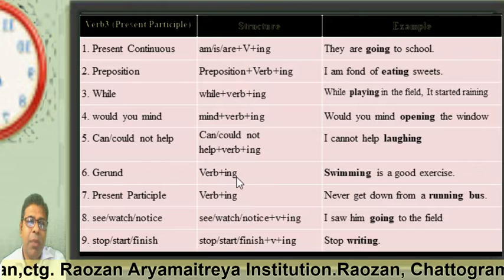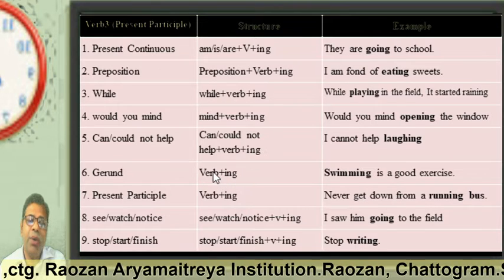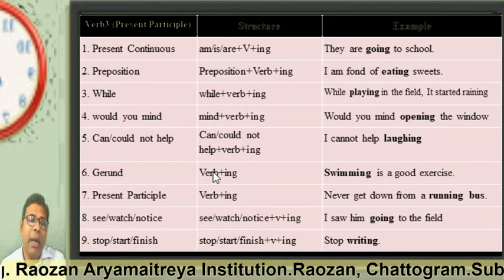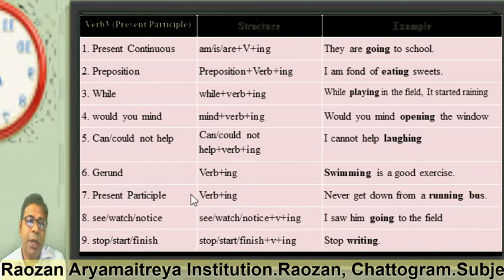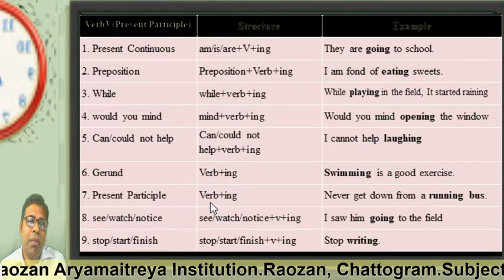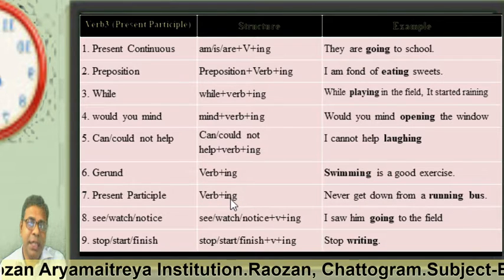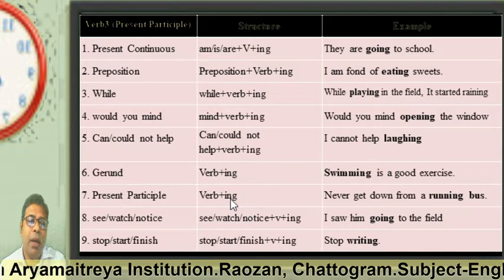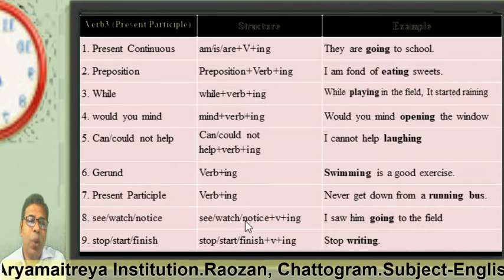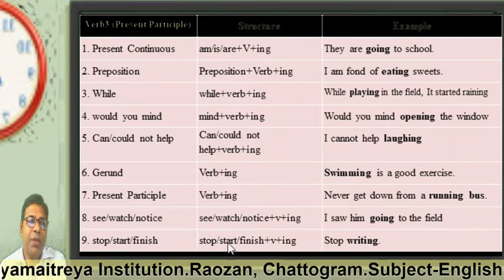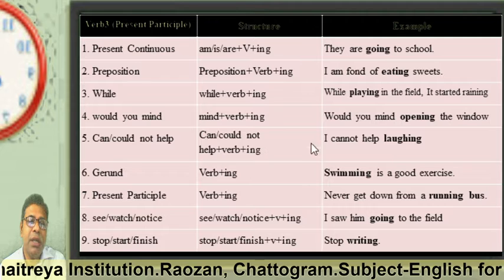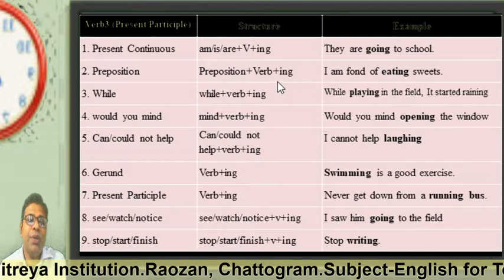Gerund, verb plus ing, and it will work as a noun and verb. Then present participle, verb plus ing, it will work as an adjective and verb. Then see, what, notice, ing. Stop, start, finish, ing. These are the structure. After this structure, you need to use ing.